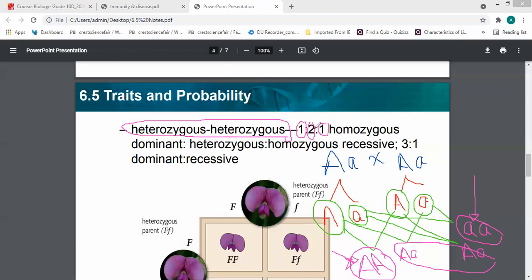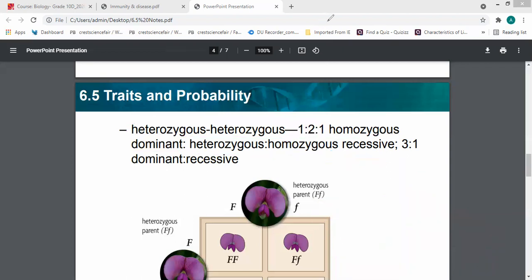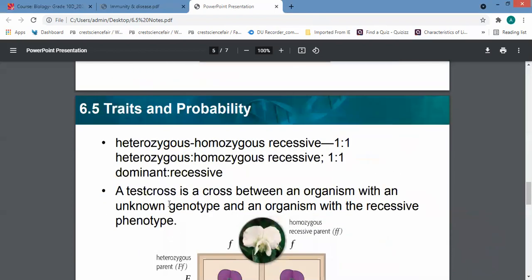The 2 in the middle are heterozygous dominant. So homozygous dominant, then 2 heterozygous dominant and homozygous recessive. It's clear. This is in case of two heterozygous parents.